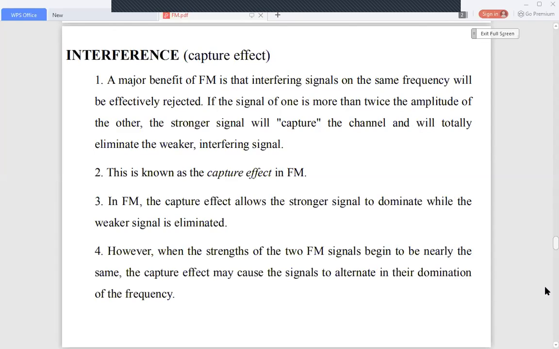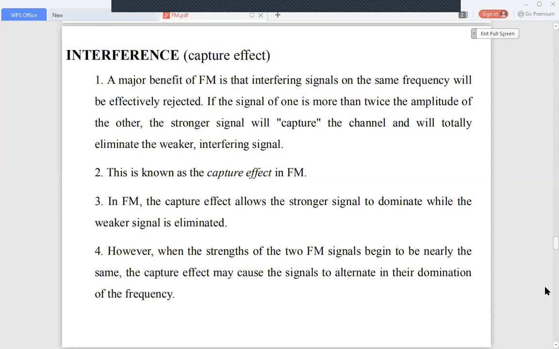Another is the interference. A major benefit of FM is that an interfering signal on the same frequency will be effectively rejected. If one signal is more than twice the amplitude of the other, the stronger signal will capture the channel and totally eliminate the weaker interfering signal. This is known as the capture effect in FM.